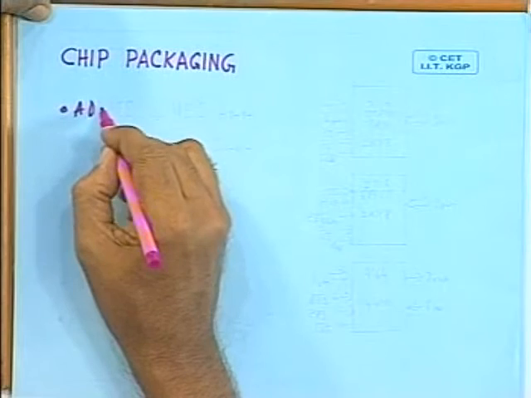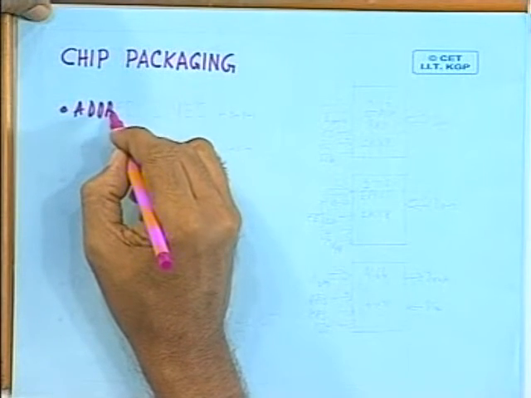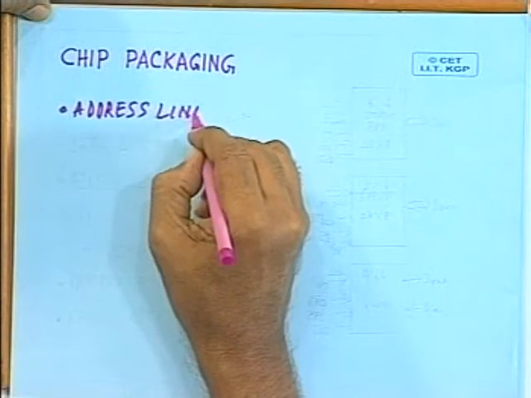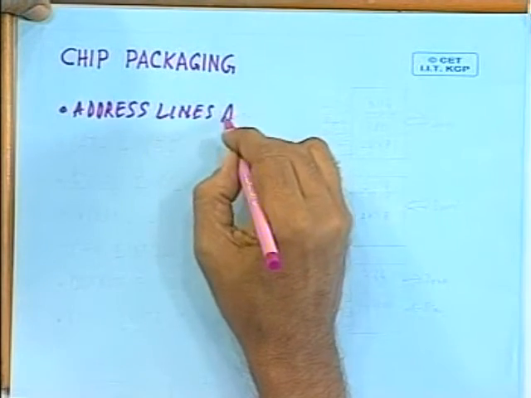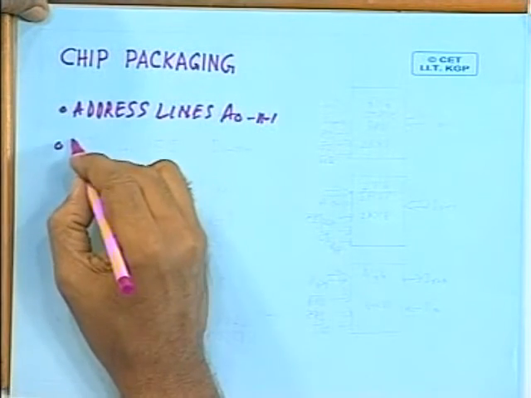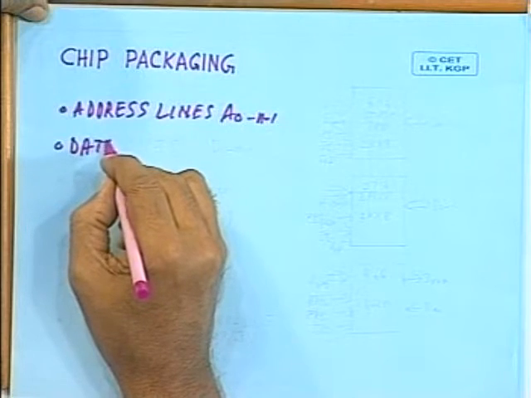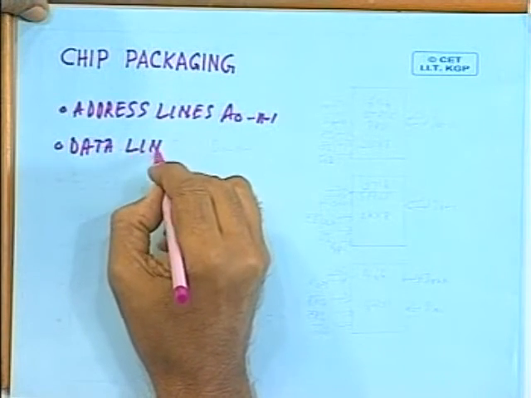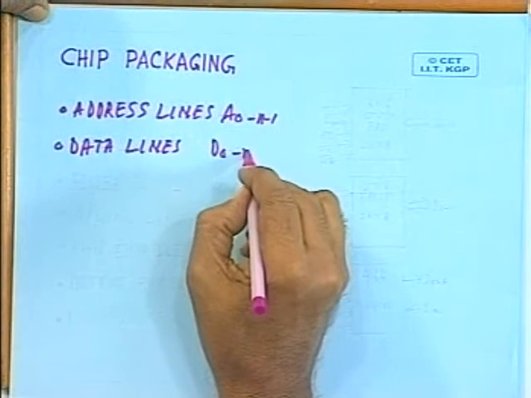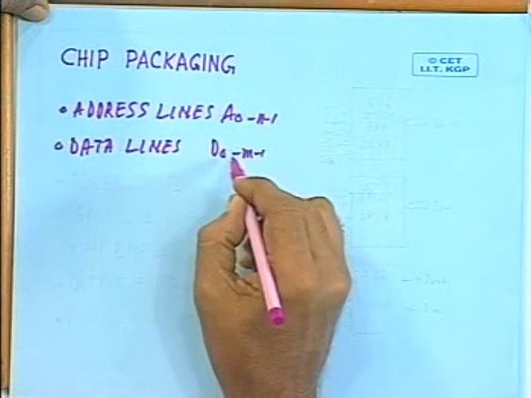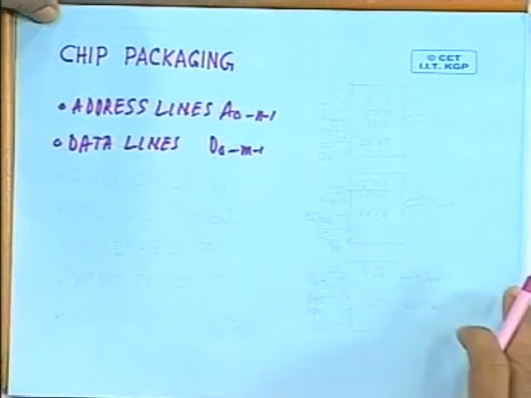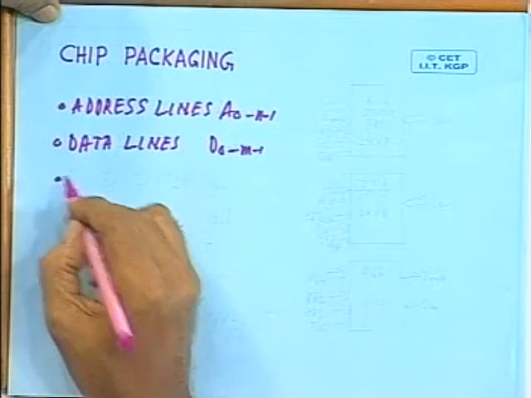Each chip will be provided with address lines, say A0 to A(n-1), n address lines, and data lines. Data lines will be say D0 to D(m-1), assuming that there are m data lines. The m is usually 8.